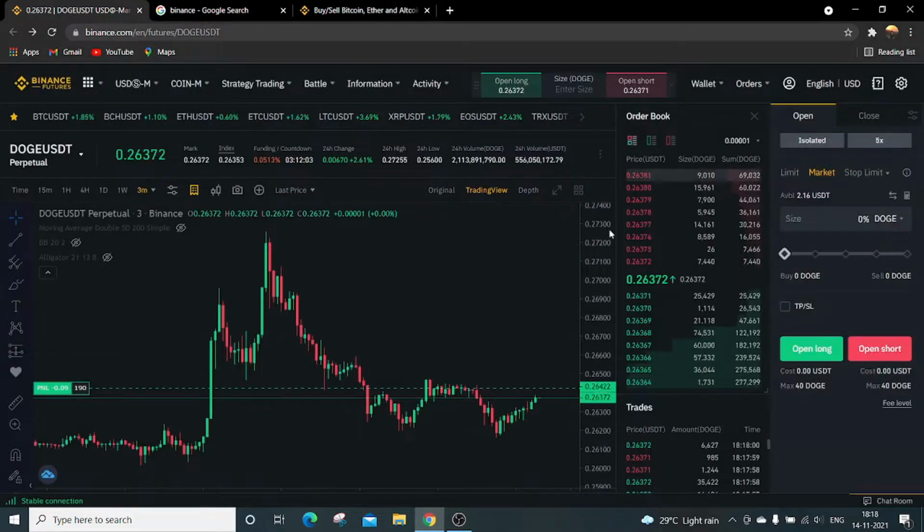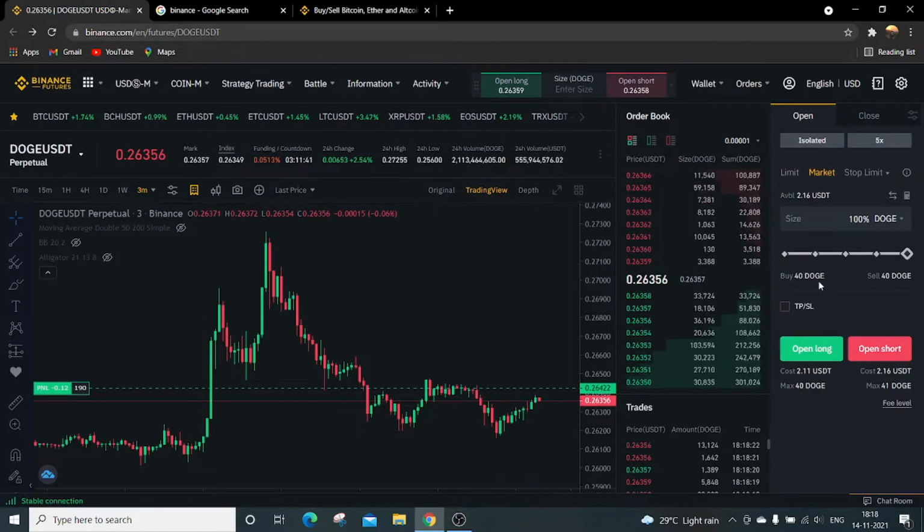So now let's move on to how to trade. Okay, so my available balance in Binance Futures is 2.16 USDT. I set this on market price. So to trade, I just slide this slide bar. It will show me how much amount of Doge will be traded.